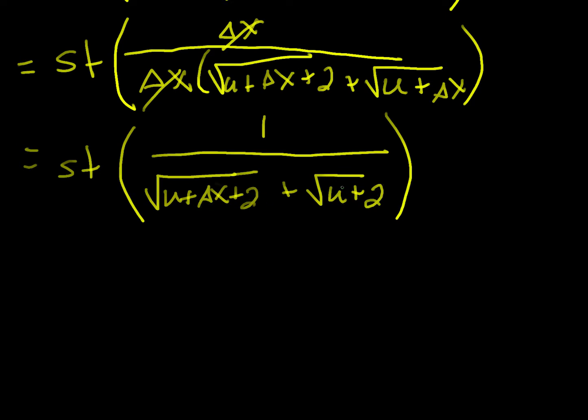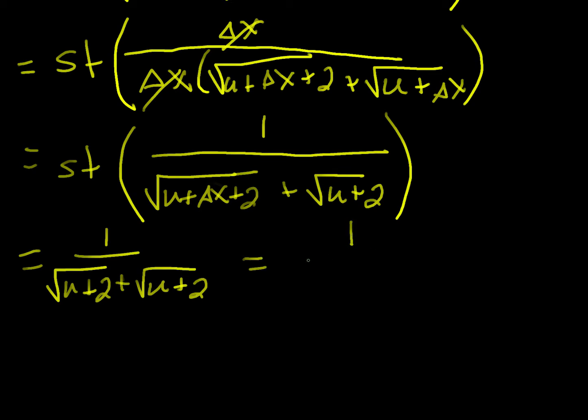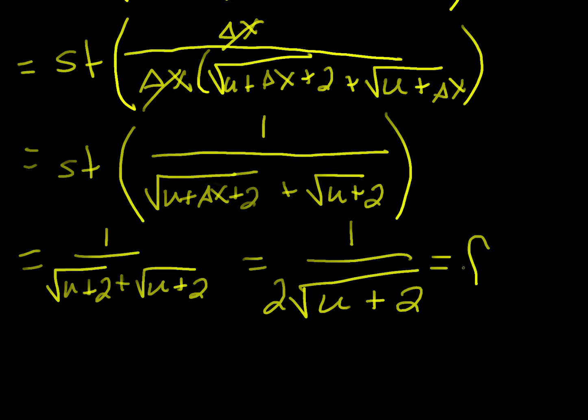So when you let the standard part run its course, it will be 1 over the square root of u plus 2, because that delta x is 0, plus the square root of u plus 2, or more naturally, 1 over 2 times the square root of u plus 2. And so this is our derivative. That's f prime of u, the derivative of f.